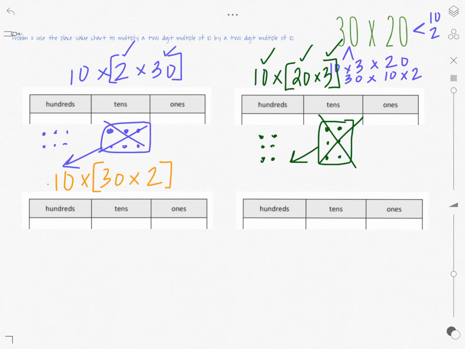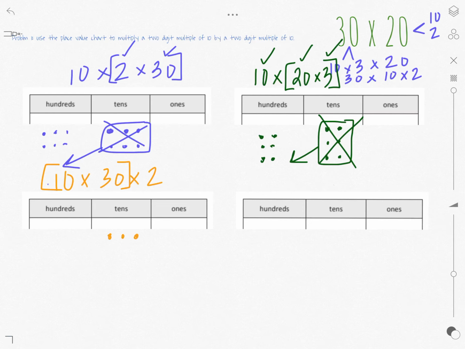So this time, we're going to start, instead of what I just boxed in like we had done before, because that would be the exact same thing as what I did in purple, I want to show 30 times 10. So I'm going to start with my 30, just like we did before.